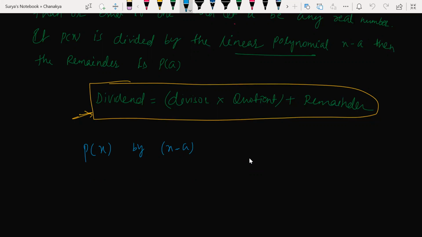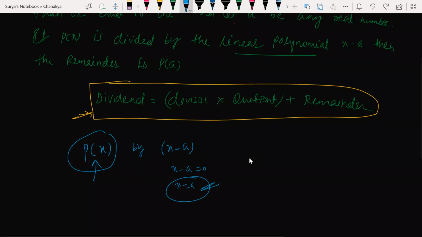Basically, what we do here is we substitute in place of x the value a. How do we get this a? I equate this linear polynomial to 0 and get the x value a. That a value I substitute in p of x. That is the meaning of it.